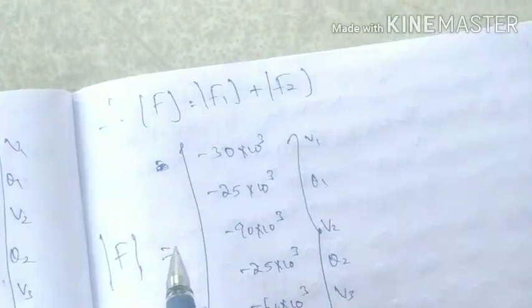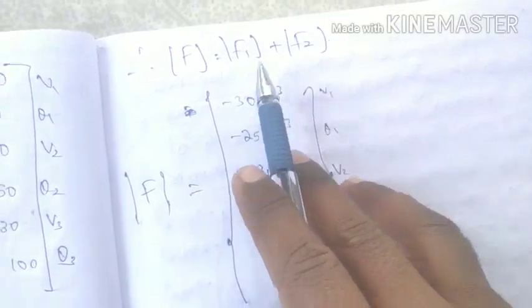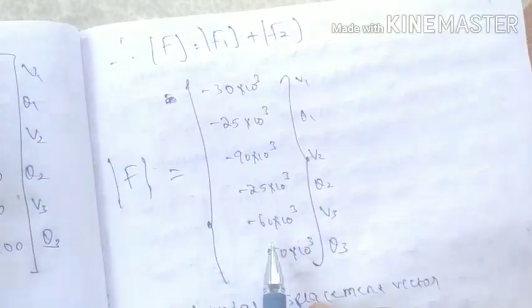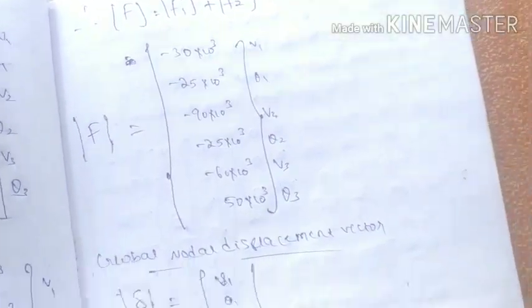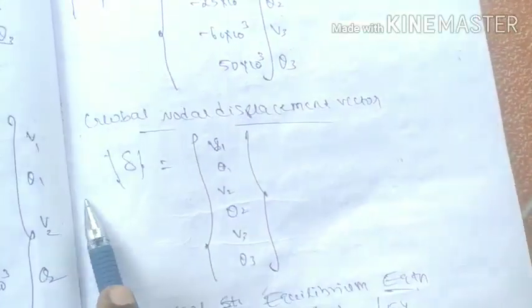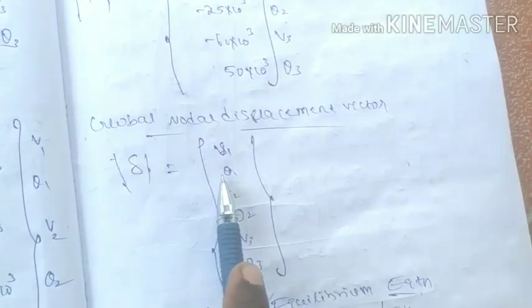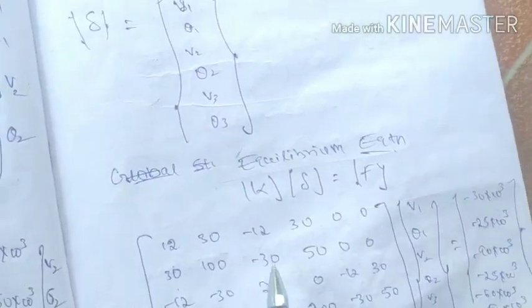So we got the nodal force vector, and we need to find the global force vector by adding F1 and F2. This corresponds to V1 theta 1, V2 theta 2, V3 theta 3. Similarly we need to find the global nodal displacement vector, that is delta equal to V1 theta 1, V2 theta 2, V3 theta 3, which is unknown.